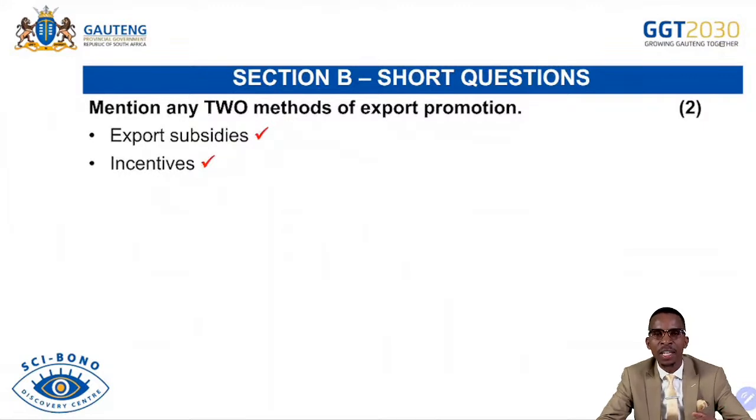We talk about cheap transportation or cheap flights, low cost storage, good publicity or advertising and marketing, etc. Those are strategies to ensure that local businesses are able to produce more goods and services and sell them in the foreign market without spending more on the cost of production.